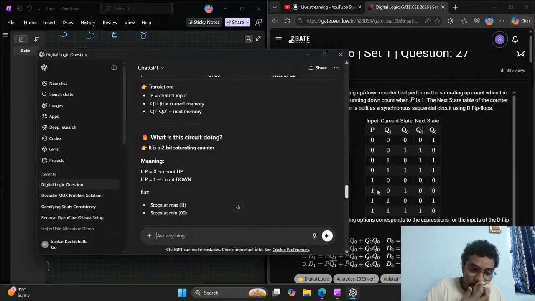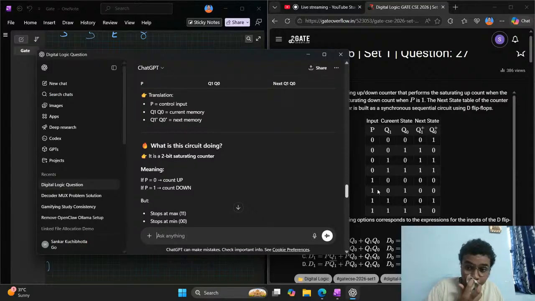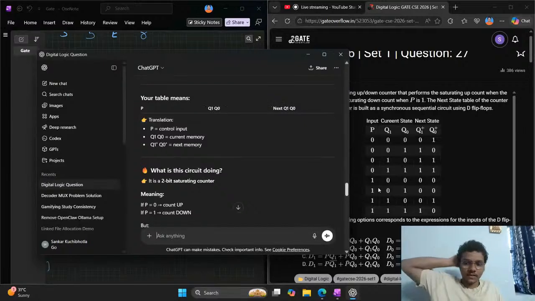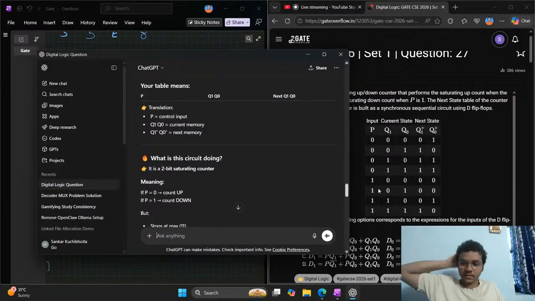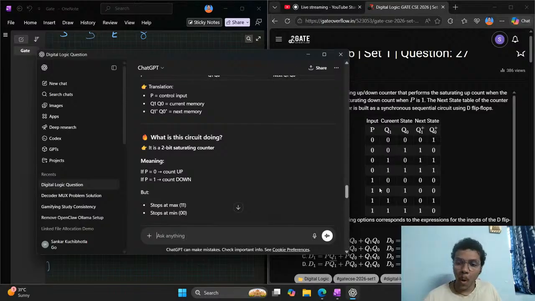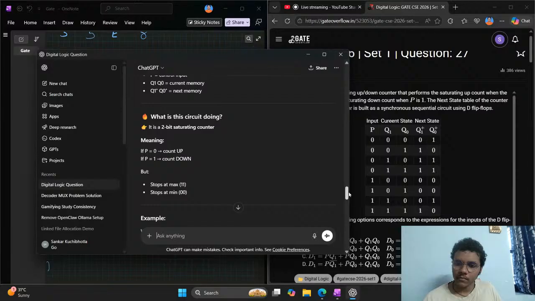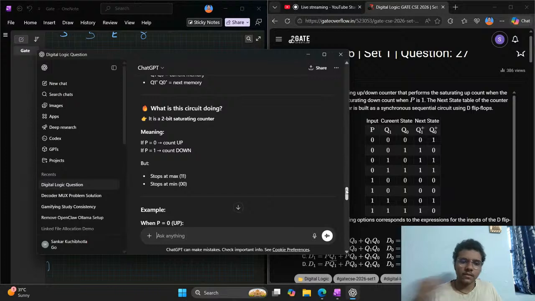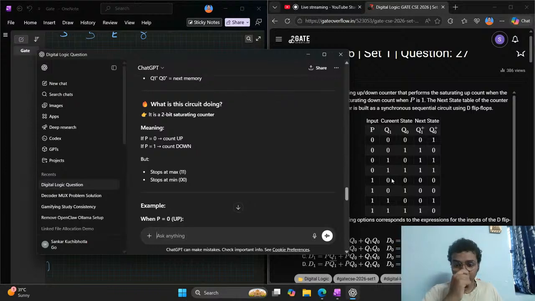It is a 2-bit saturating counter. It means if P is equal to 0, it is counting up. If P is equal to 1, it is counting down, but stops at minimum.